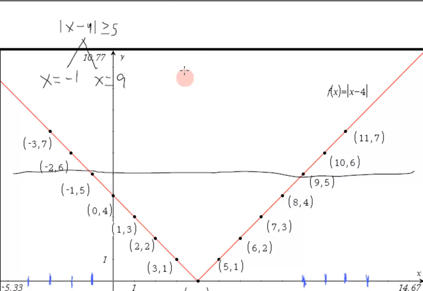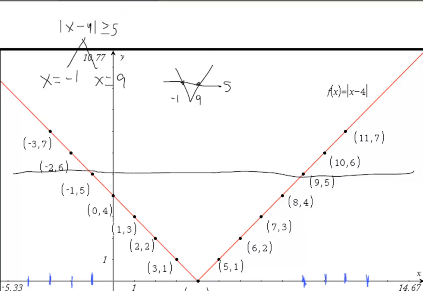Okay. And then what I would do is just draw a V. This is the work I would show. Put the 5 here. And then again the x's that they're equal to, the 9 is on the right side, the negative 1 is on the left side, right? Those are the 2 points. What inputs equal 5 as an output? And then I want the y values of this whole thing to be greater than or equal to 5.